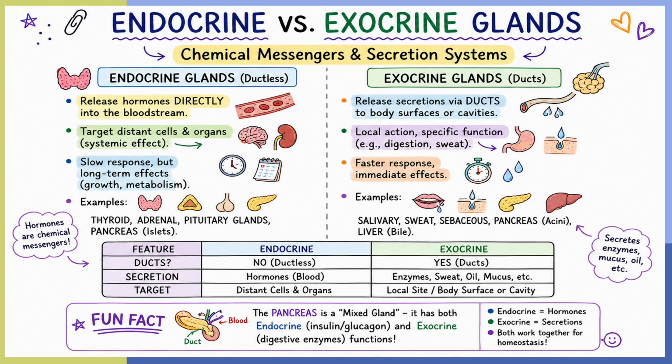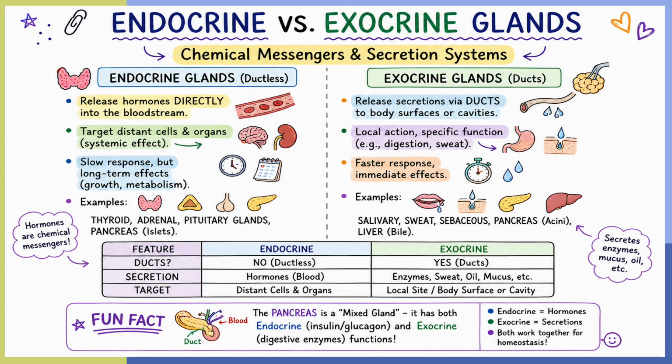Now, once in the circulation, they travel throughout the body and they reach the target organs and tissues. Now, because hormones often affect multiple body systems, endocrine responses tend to develop more slowly, but produce longer lasting effects.